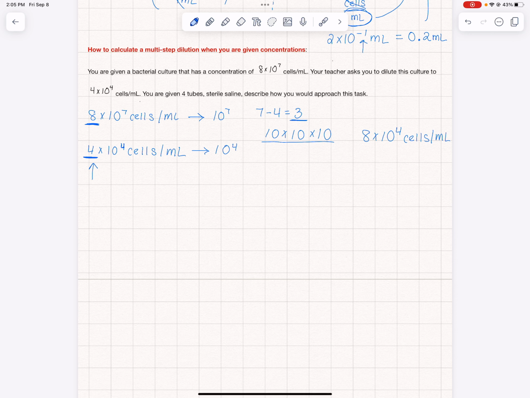Because we're factoring in our exponent going from 7 to 4, but 8 times 10 to the 4 is more concentrated than 4 times 10 to the 4th.